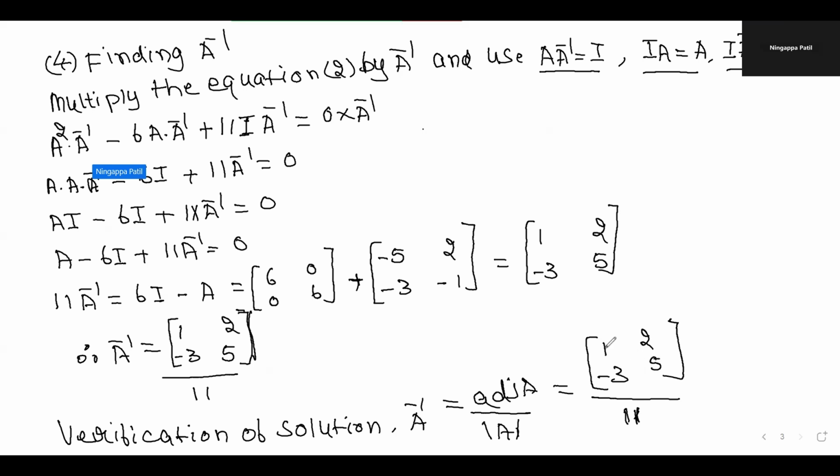This 5 was here in A and it comes here. The 1 goes there. Minus 2 was there, now plus 2. And 3 was there, now minus 3. Divided by the determinant, which is L1. Already you know. See here, this result is the same.